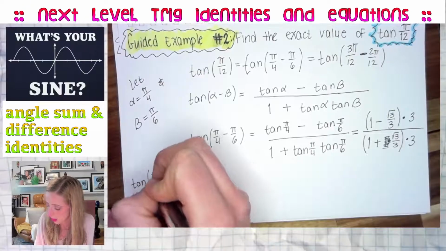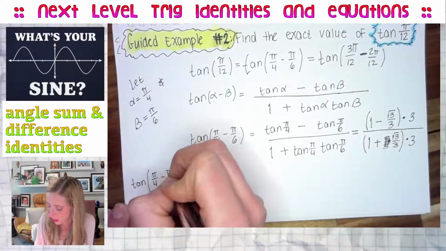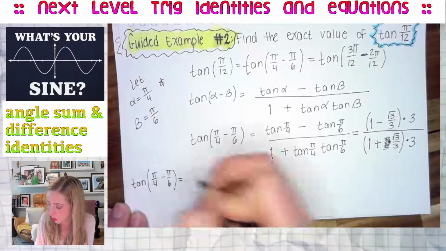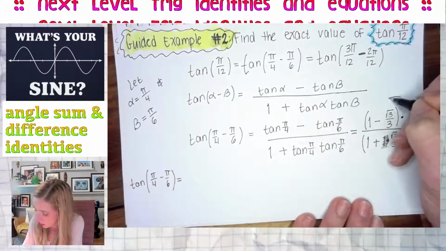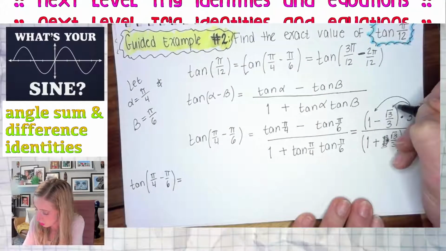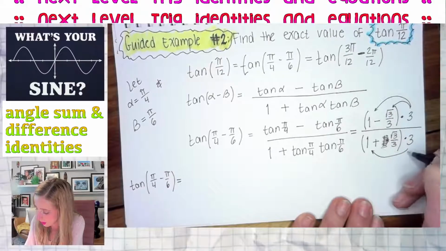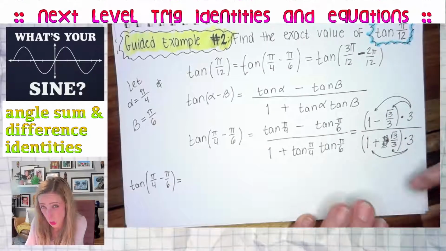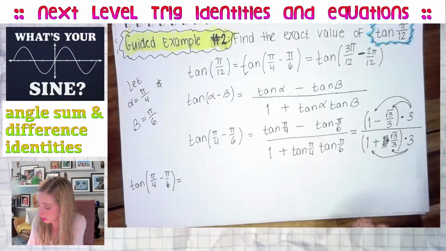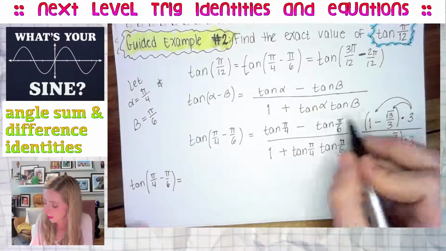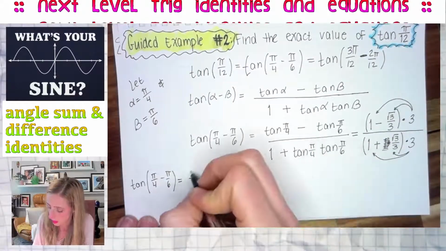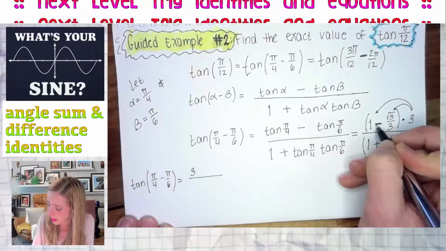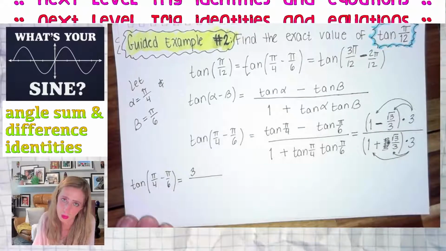Tan of pi over 4 minus pi over 6 equals, now, distribute that 3 to everybody. We're multiplying by 3 over 3, so that's 1, a multiplicative identity. You're allowed, but make sure you distribute it to everybody. Top, we get 1 times 3, that's 3. Minus, do not write 3 root 3 over 3.